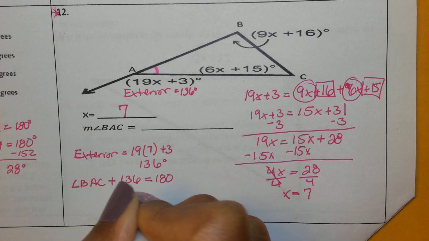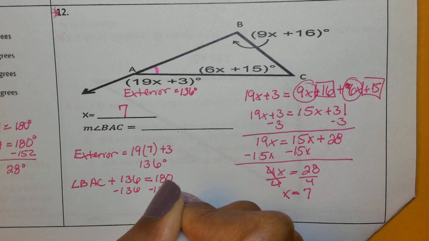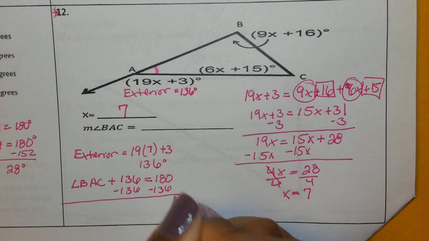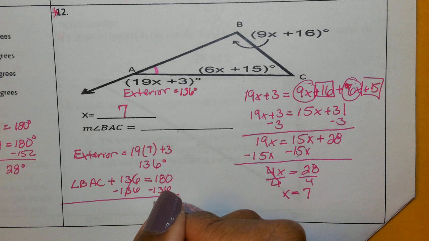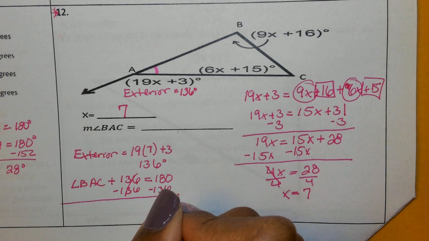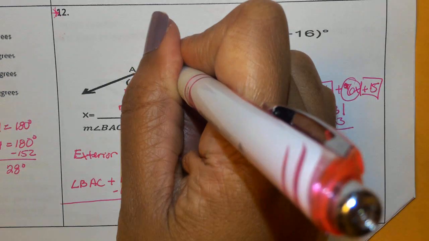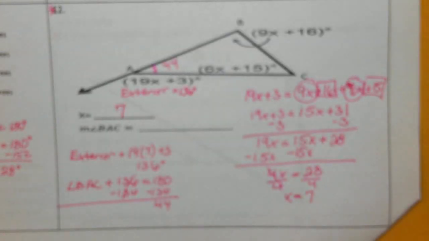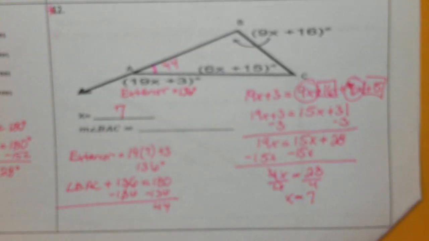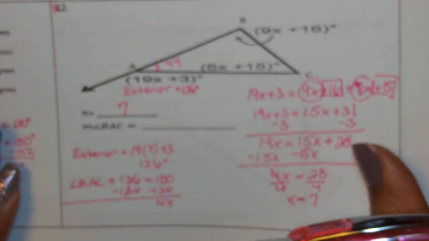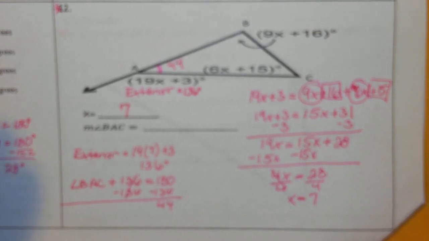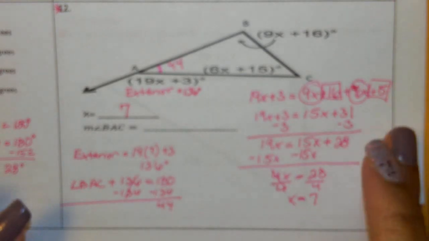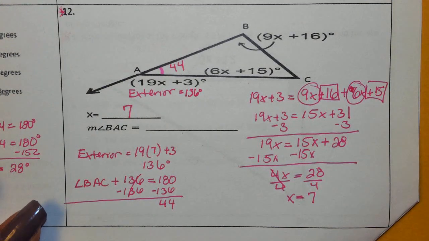And the simple mathematics to that is just to subtract the 136 from both sides, and then you get 44. Okay, so 44. I don't know what happened with my focus there, but we'll go ahead. Okay, there you go. Move to the next one.